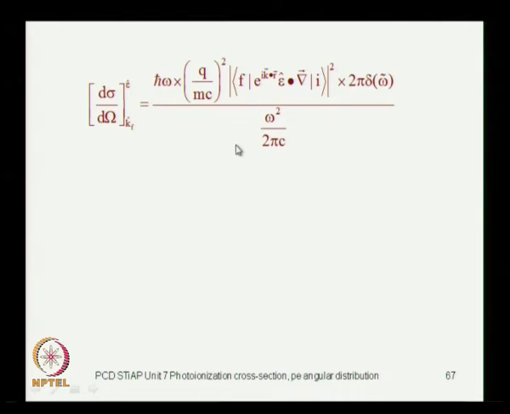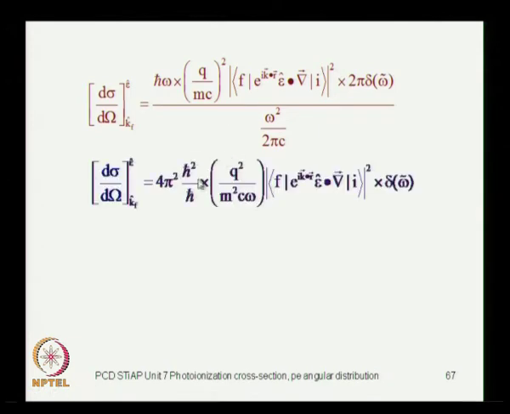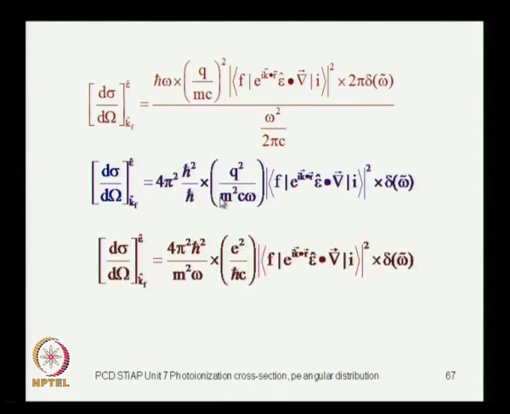So the A0 square is gone, and by a slight rearrangement of these terms, by taking omega square and twice pi c to the numerator, you rewrite it in a somewhat convenient form and extract the fine structure constant e square over h cross c.